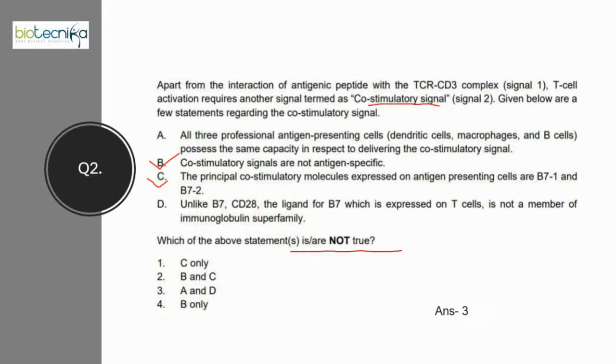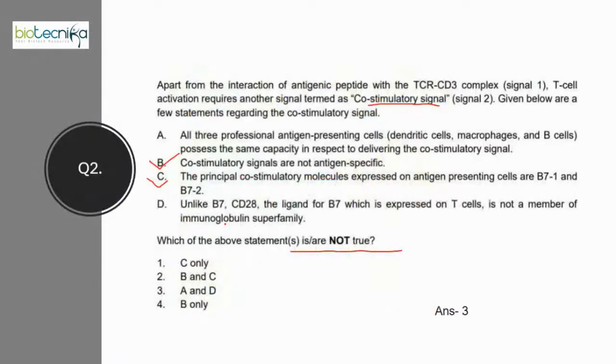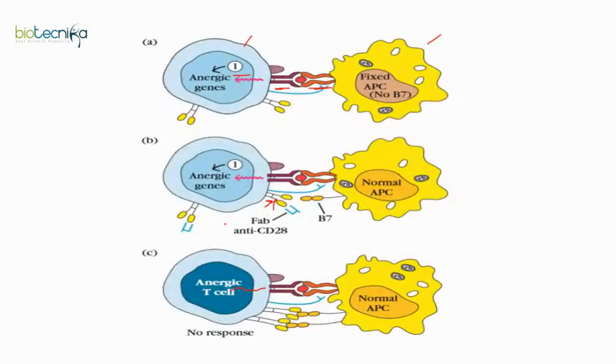That is wrong. The picture itself makes it very clear that it is a part of the immunoglobulin superfamily. So that is why A and D are not true. B and C are true. The structure itself gives you a very clear idea that it is your Ig superfamily protein.